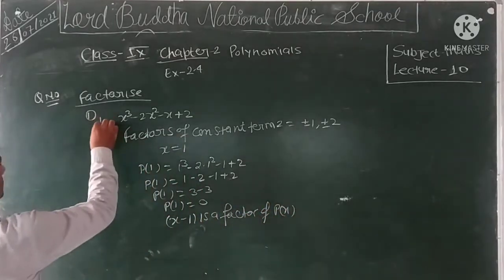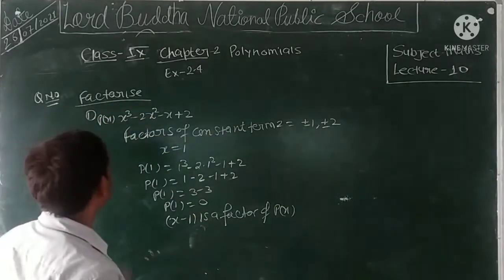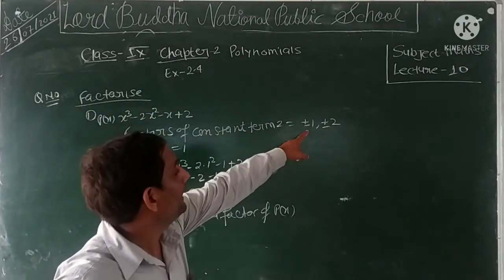Now we find the second factor. We put x equal to minus 1.